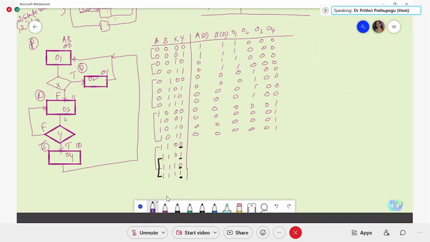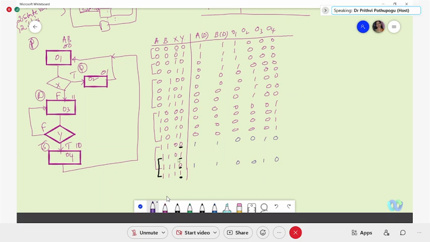In state 1 1, the next state will be the same 1 1 if y is false. And what is the output that will be generated? 3. And the same thing happens here also. 1 1, x is 1, y is 0. Because x is 0 or 1, y is 0 in the state of 1 1, the next state is 1 1. Output 3 will be generated.